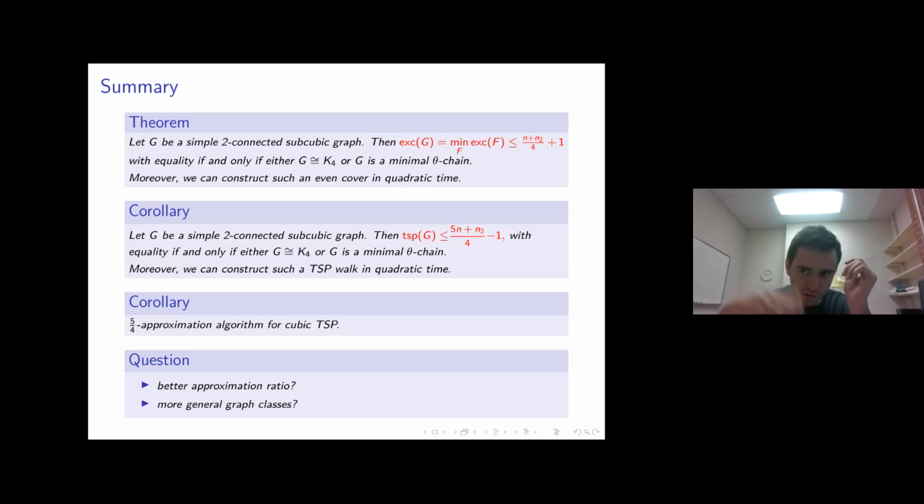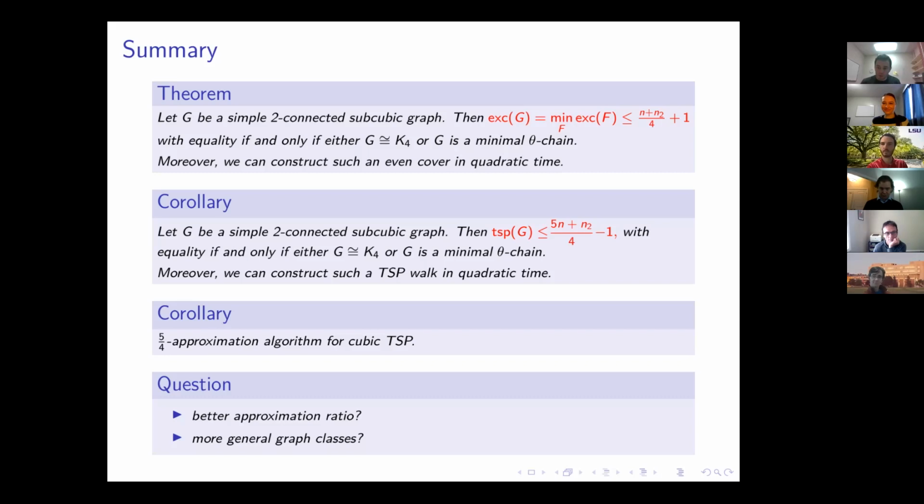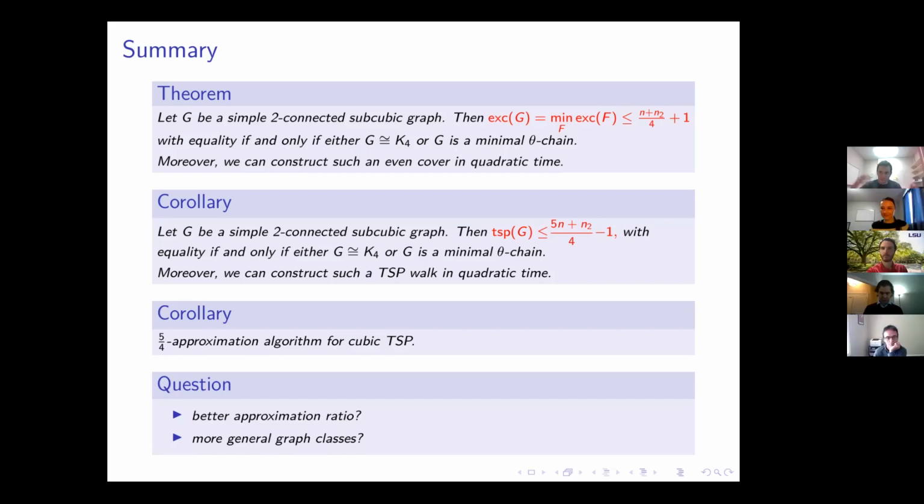So one of the common strategies for a lot of these cubic TSP papers is to use that property to build the walk in some sense. What they did is they used some structural graph theory to argue that the girth of the minimum counterexample is 5 or 6 and maybe some additional properties with that. But at that point, they got stuck. Then they did this matching argument, and that has rounding and probabilities, and the best they could do was 9/7. Our result's different in that it's purely structural graph theory.